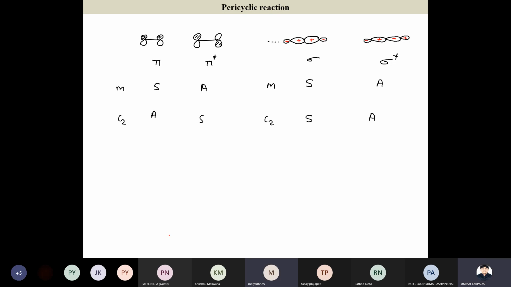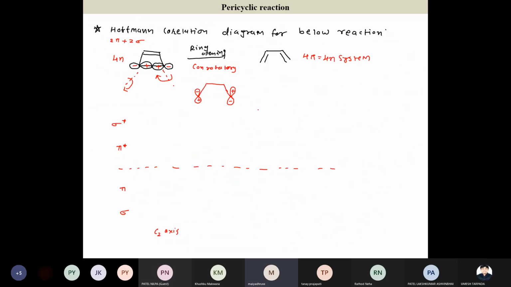How is sigma with the C2 axis? Check how both sigma and sigma star are. Different. Different means symmetric or asymmetric? Which one is symmetric? Sigma is symmetric and sigma star is asymmetric. This is symmetric and this is asymmetric.